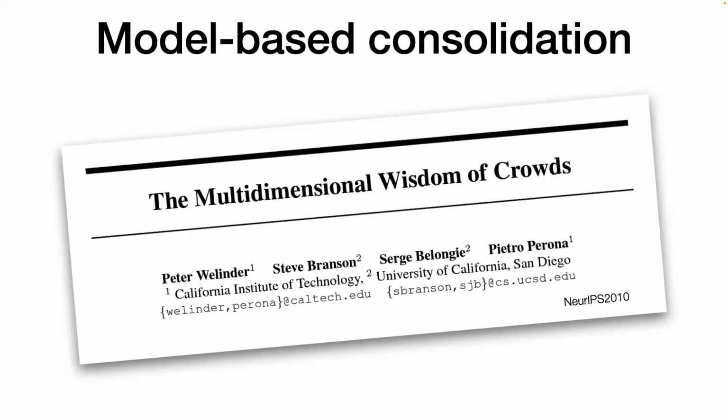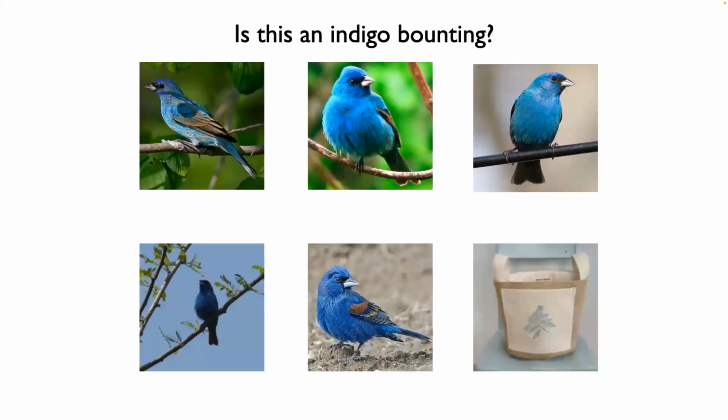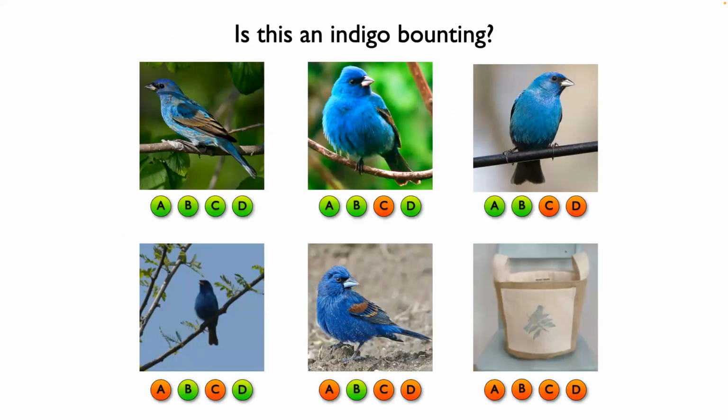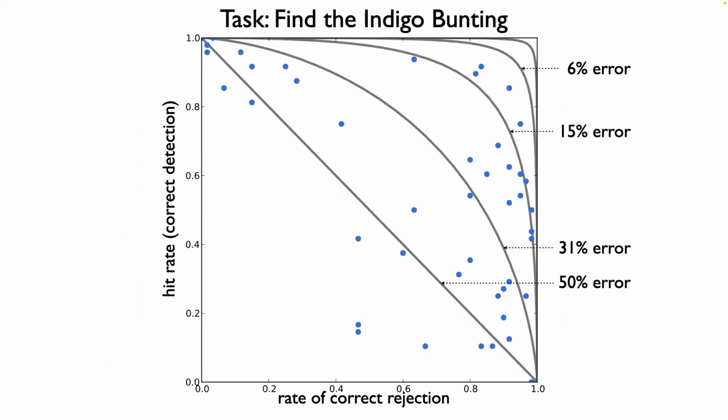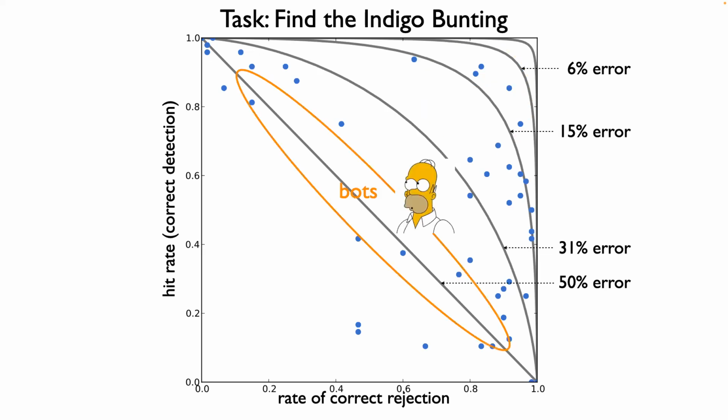And so the task was, again, to decide if it was an indigo bunting, and I'll flip through slides a little bit fast. So this is the curve you saw. And these curves are error rates, where you count a correct detection and a correct rejection equally. And so the best people are top right, and then there are people who just don't know what they're doing.